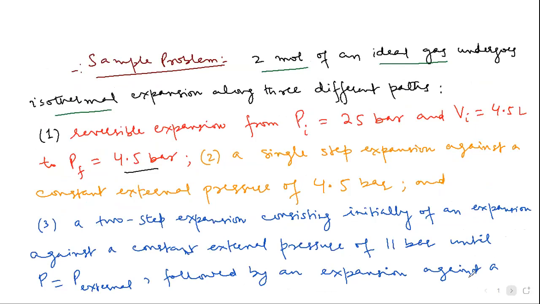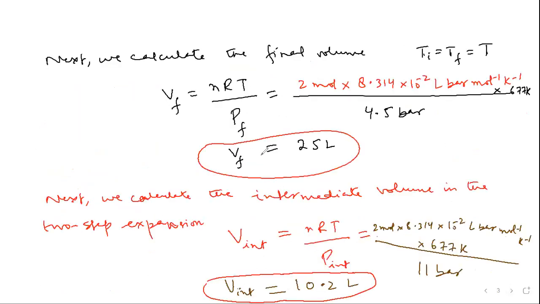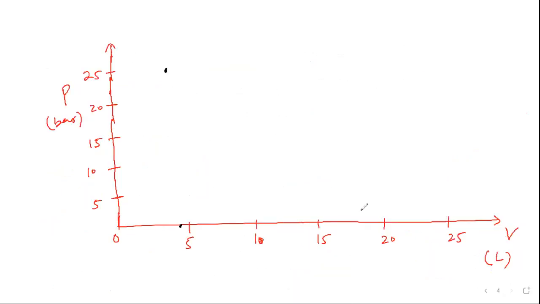And final volume is 25 liters. On this side, you have 4.5 bar, approximately here. So we are here. This is my final point, right?